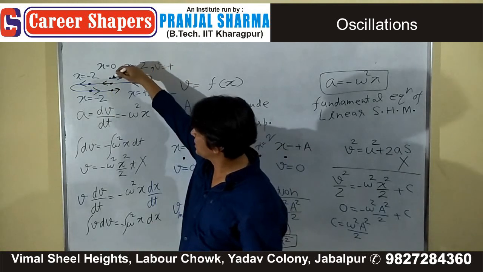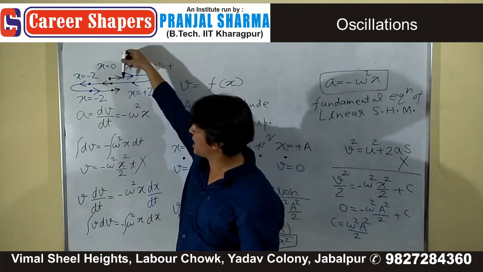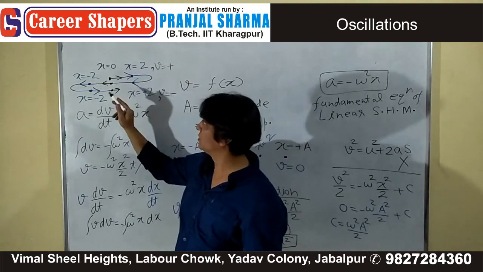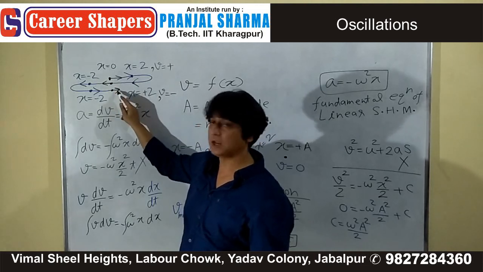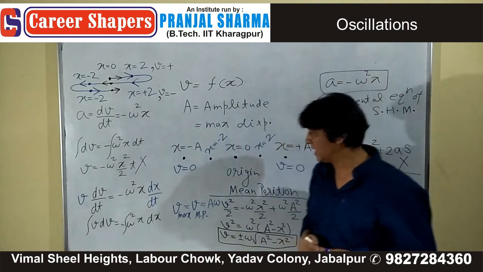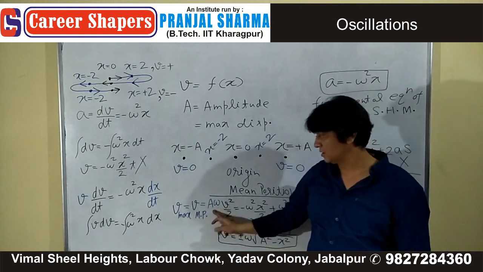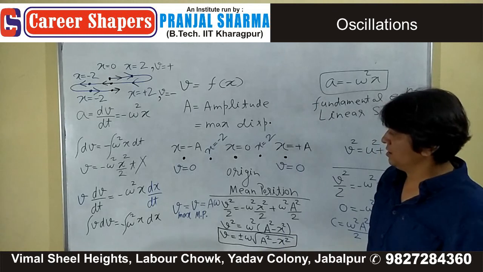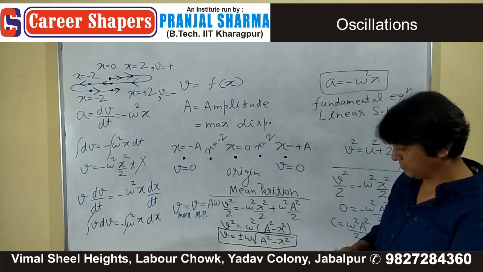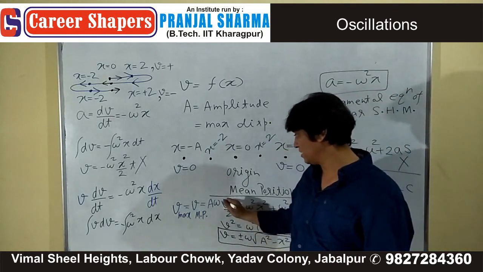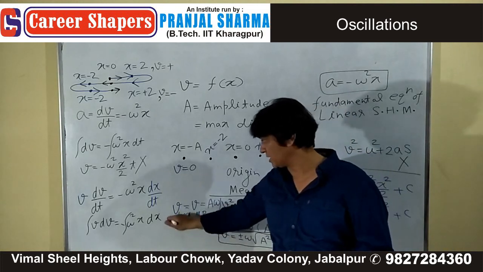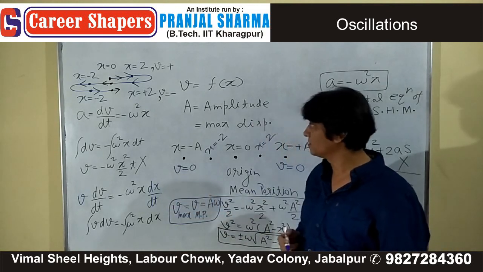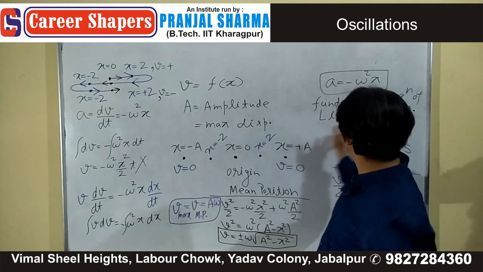That's the mean position. Now, every time you pass through the mean position, your velocity is maximum and is what? A omega. Note down everything. This is also an important result, inside the boundary. Note down this.